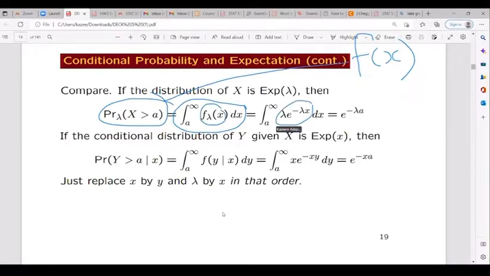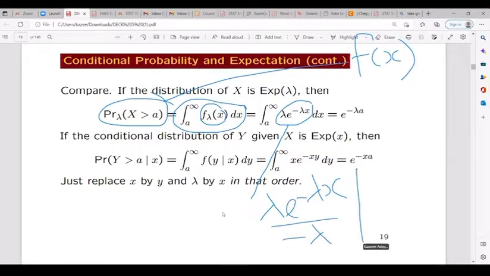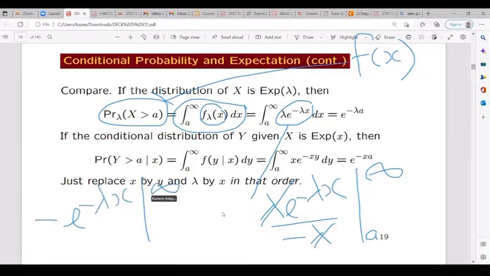You integrate that, and you put in infinity. When I integrate that, it's going to be lambda times the exponential raised to the power of minus lambda x, divided by minus lambda, from a to infinity. Lambda cancels lambda, so I have minus exponential raised to the power of minus lambda x, from a to infinity. Now I plug in infinity wherever I see x.